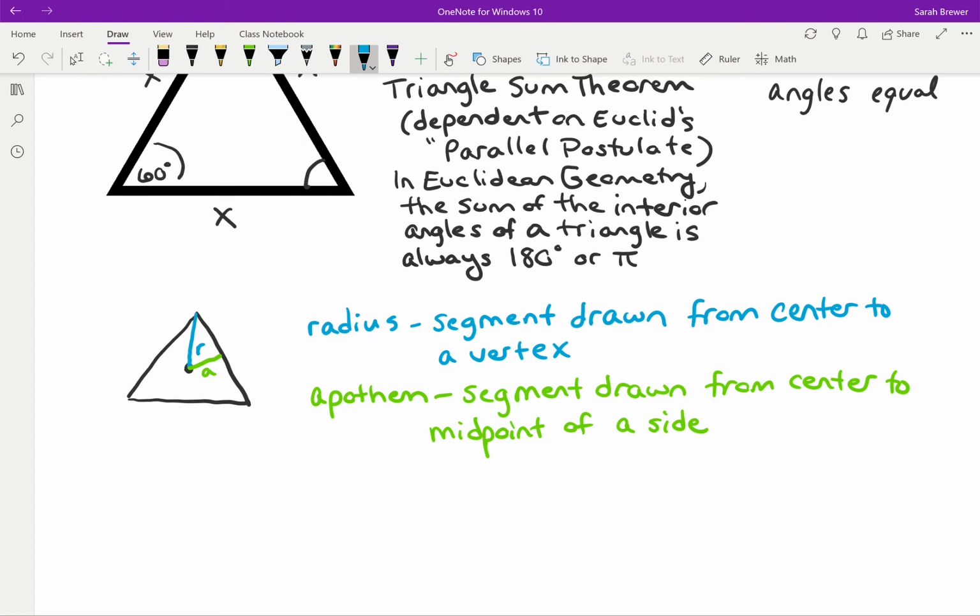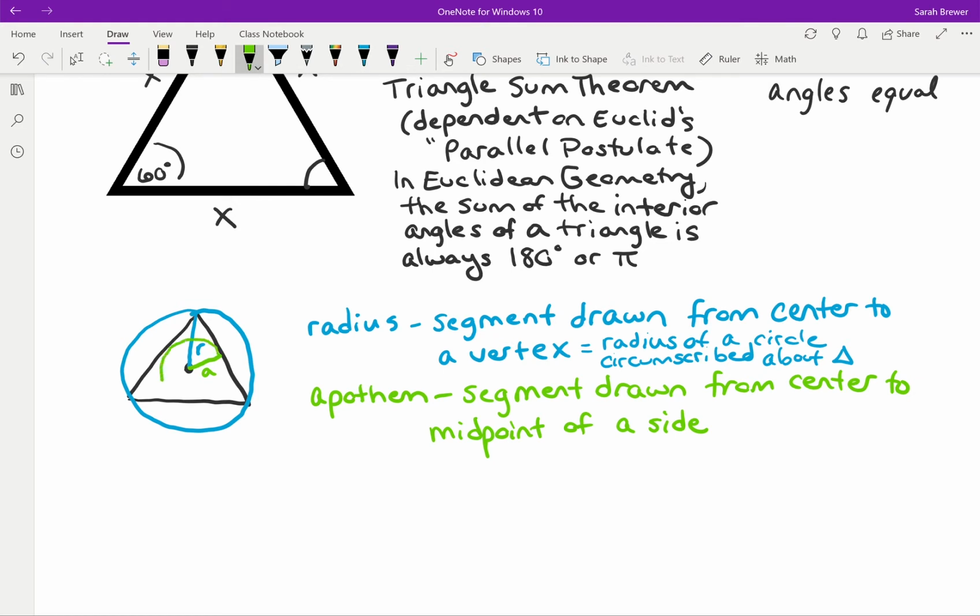The radius also happens to be the radius of a circle circumscribed about the triangle, and the apothem is the radius of the circle inscribed inside the triangle.